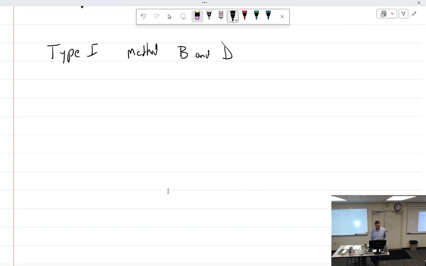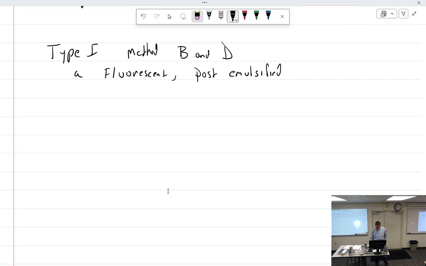Type 1 is fluorescent, and it is post-emulsified. What does post-emulsified mean? You're adding an emulsifier later. It's not built into the penetrant.